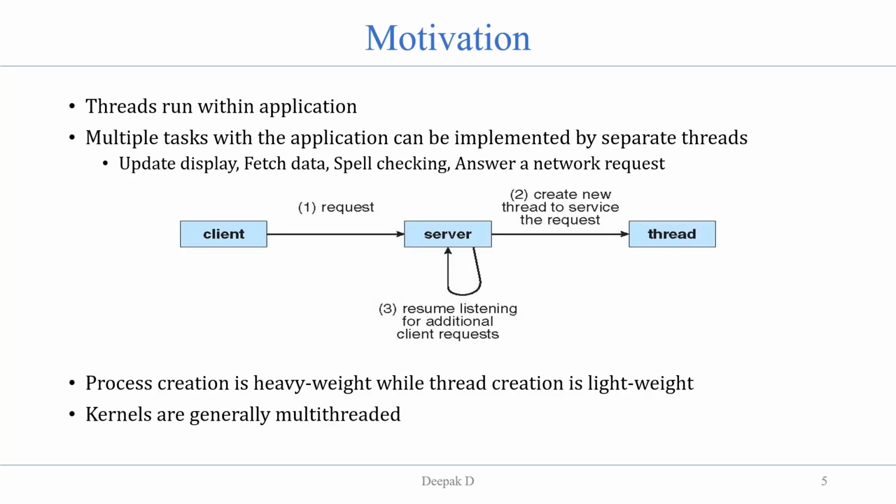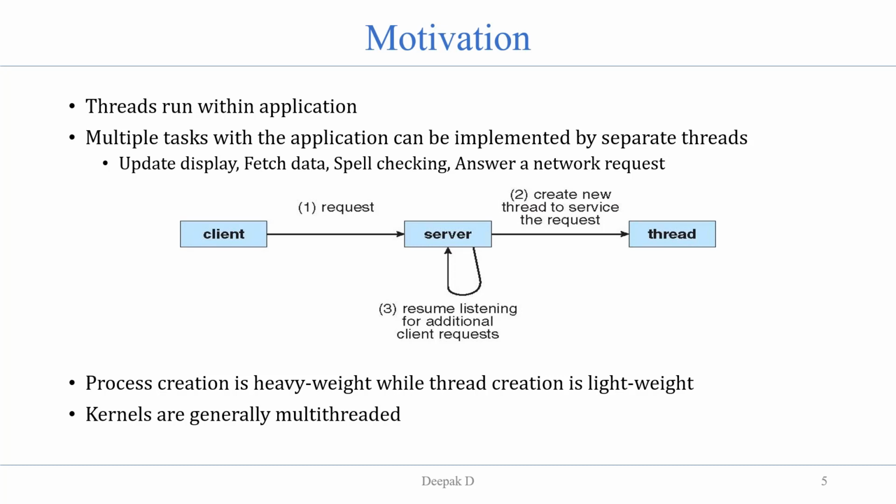Let's see the motivations behind multi-threaded programming. The main thing is, nowadays the software you are using, which runs on modern personal computers, is multi-threaded. Most applications are implemented as a separate process having multiple threads of control.